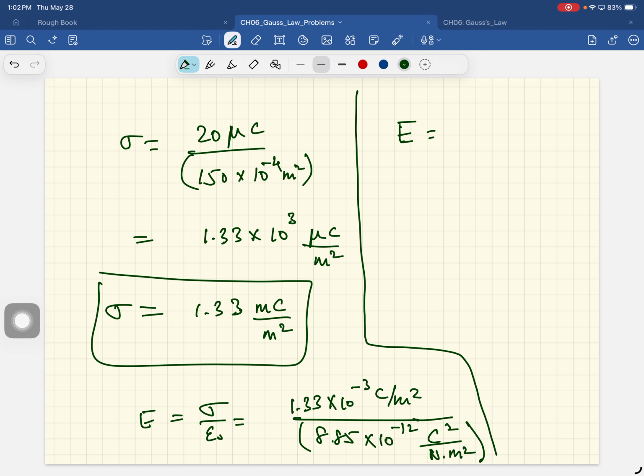And the flux is 1.2 times 10 to the 3. The Newton cancels.